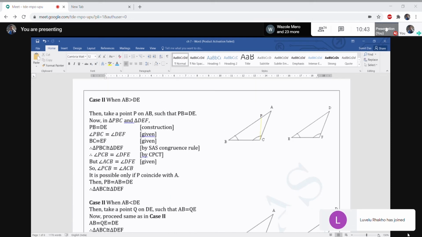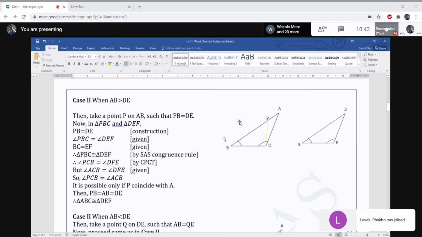Then we take a point P on AB such that PB equals DE. As the statement says AB is greater than DE, now we are taking P as a point on AB such that PB and DE have the same length.